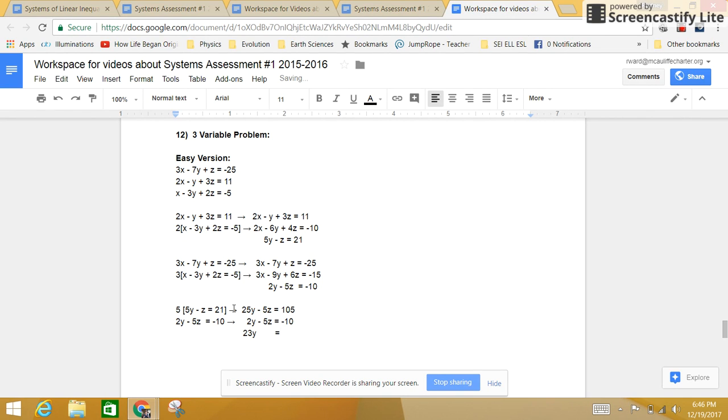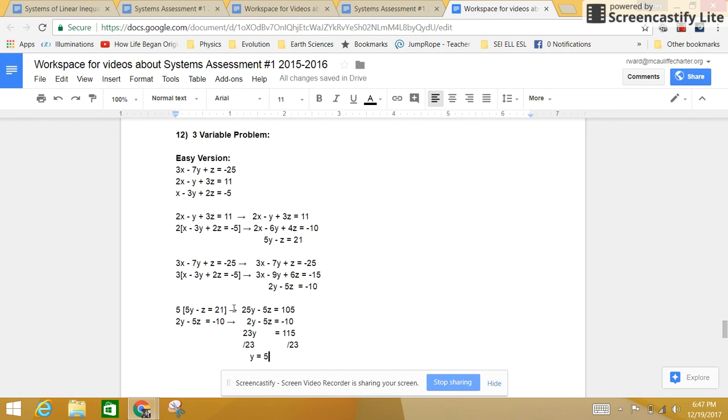Negative 5z minus negative 5z is 0. That becomes 105 minus 10 is 115. Now I'm going to divide both sides by 23. 23 divided by 23, and now I've got y equals, well, 115 divided by 23 is 5.